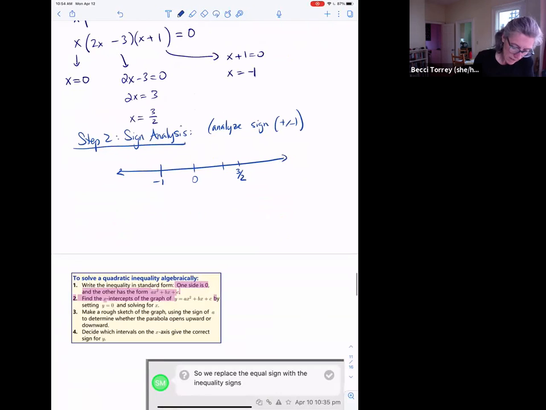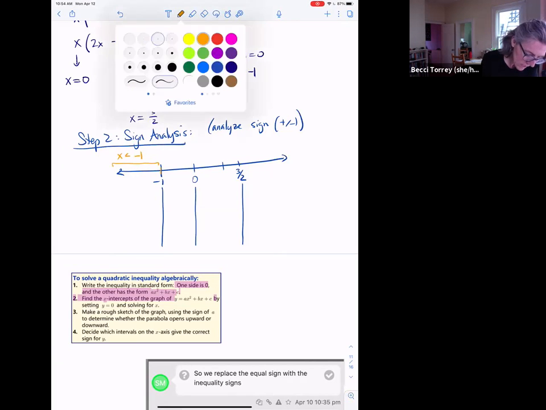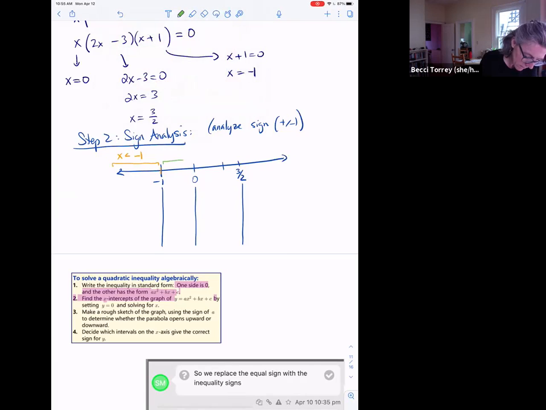Okay, and I'm going to draw some lines down because we have 4 regions. So we have this region where x is less than minus 1. I'm going to label these up here. So this region here is x is less than minus 1. We have x is actually equal to minus 1. Then between minus 1 and 0, the way we describe this is minus 1 is less than x is less than 0.